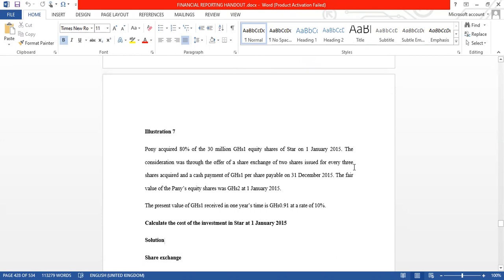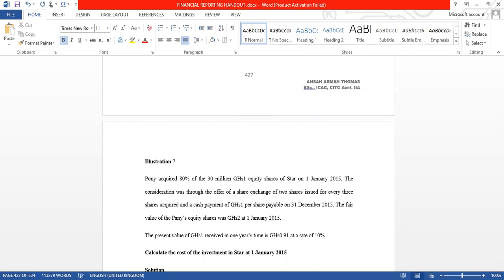It's been presented with an illustration. All right, so let's look at this. Pony acquired 80% of the 30 million shares, 1 Ghana cedi shares, of Star on 1st January. The dates are also very important. You need to take notes. This is accounting, financial reporting. They bought 80% of 30 million.